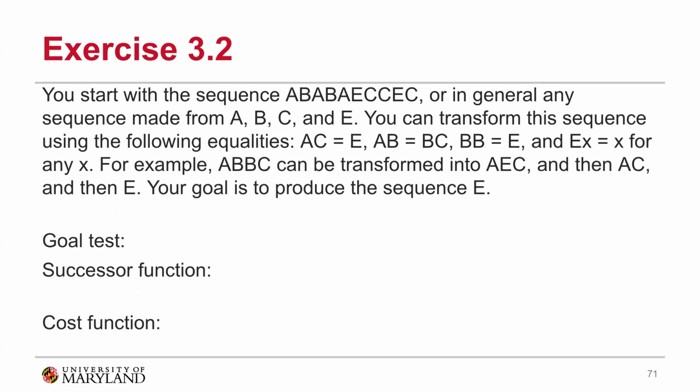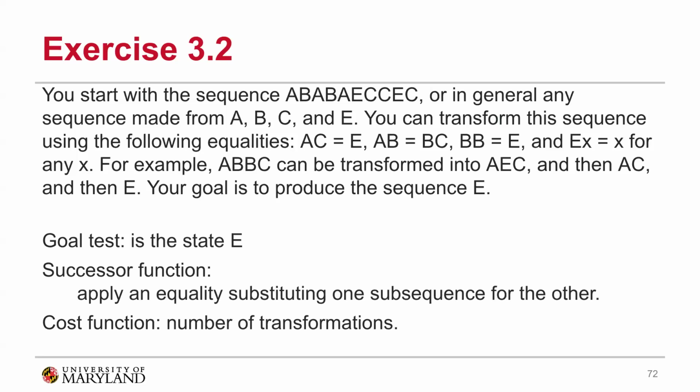For example, for A, B, B, C, you can transform it into A, E, C following the condition right here. And then AC, you can transform to E. So what's your goal? Your goal is to produce the sequence E.